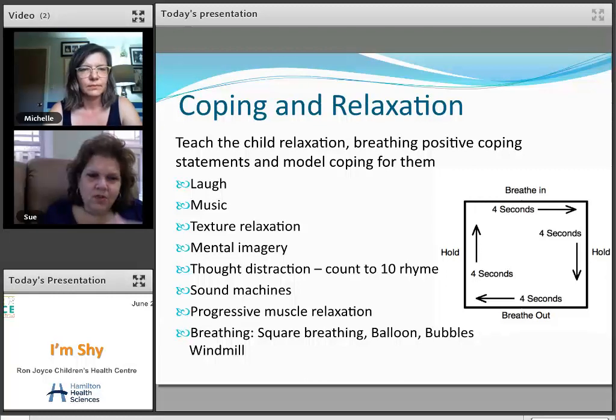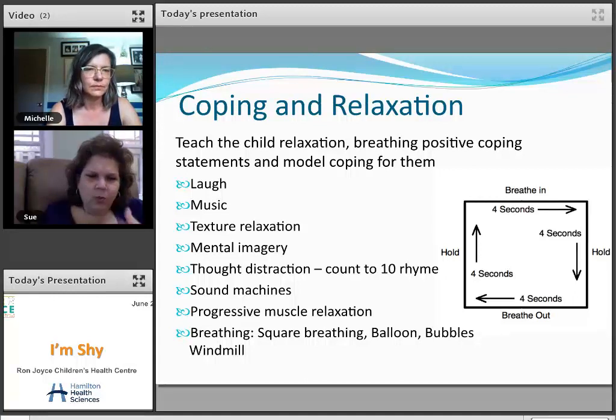So we need to start to teach them, how do we do that? And what does that feel like for them, to even begin to explore that sense of calm, right? And these are just some ideas. You really need to explore this with your kids because it's so individual to their own personal preferences.